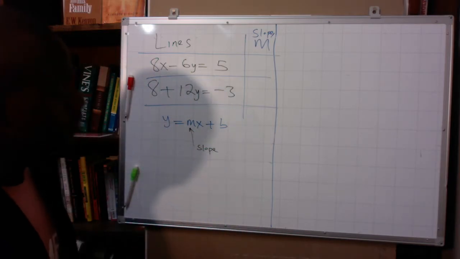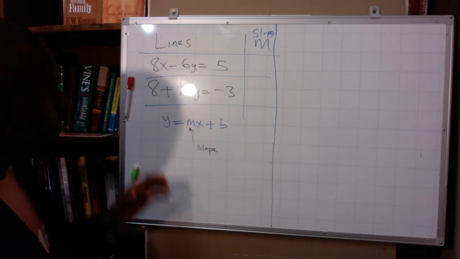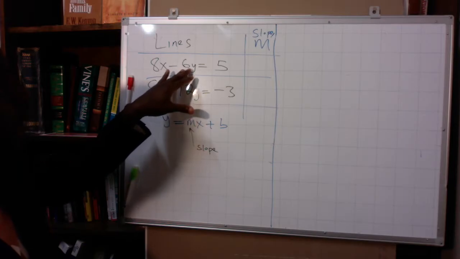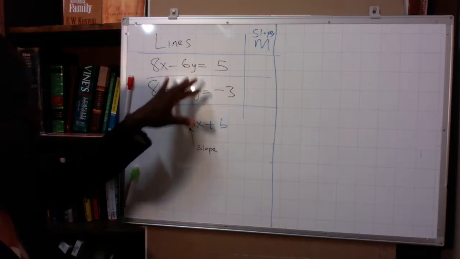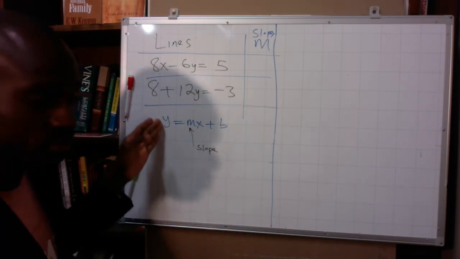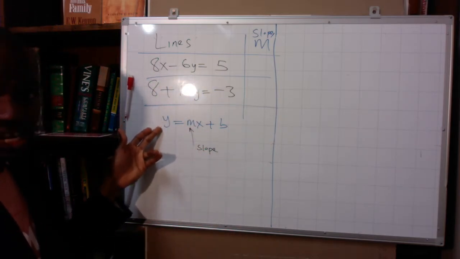Easy enough, isn't it? So all we have to do is move everything, keep y on one side, and then make sure the coefficient of y is 1, because technically there's a 1 here.